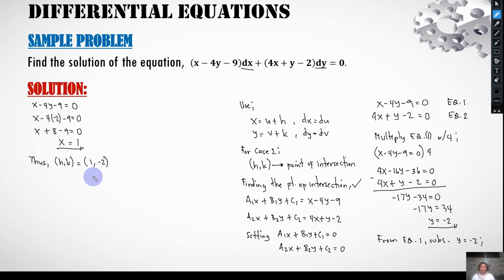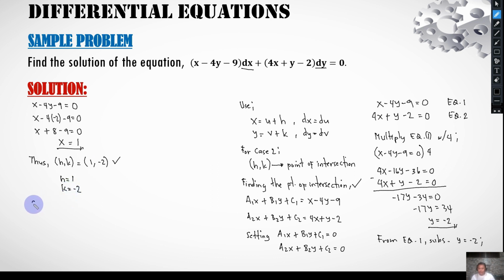So ito yung value, or yung H natin is just equal to 1 at saka yung K natin is just equal na to negative 2, or pwede mong gamitin ito, yung coordinates niya, HK, which is 1 and negative 2.